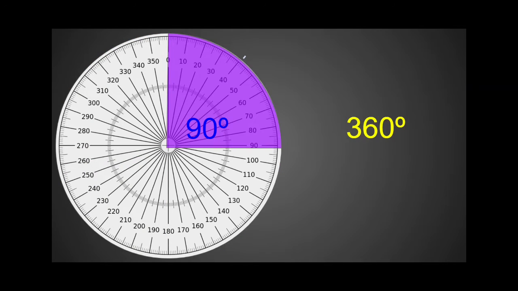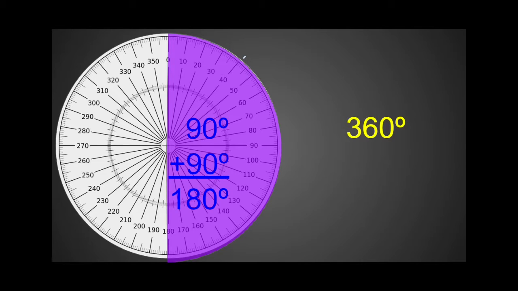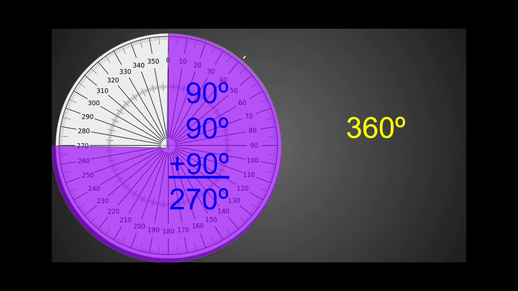A quarter turn, like I just said, is 90 degrees. So 2/4 turns or a half turn is 90 degrees plus another 90 degrees. That's 180 degrees. If I have 3/4 turns, that's 90 plus 90 plus 90, that's 270 degrees.